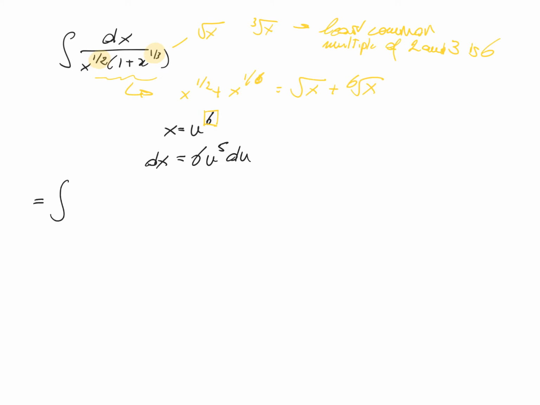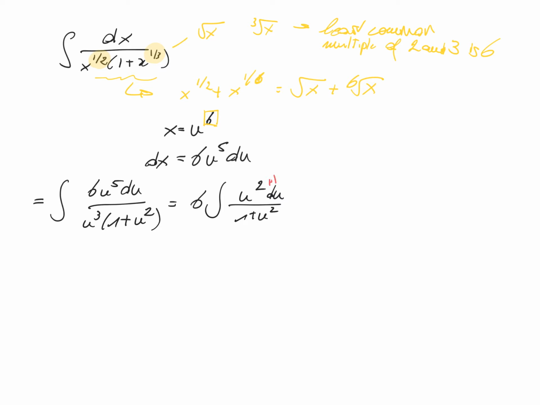And we perform the substitution. So this becomes the integral of 6u to the power 5 du divided by x to the power 1/2, so this becomes u to the power 3, and then 1 plus u to the power 2. This is then equal to 6 times the integral of u squared du divided by 1 plus u squared. Then to solve it, we use a trick that we applied before.